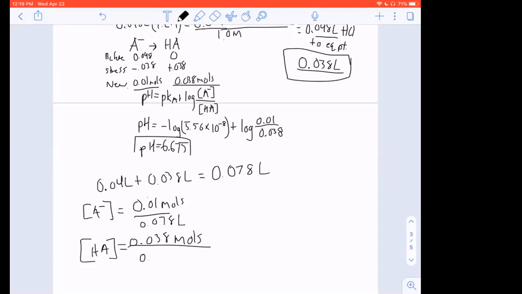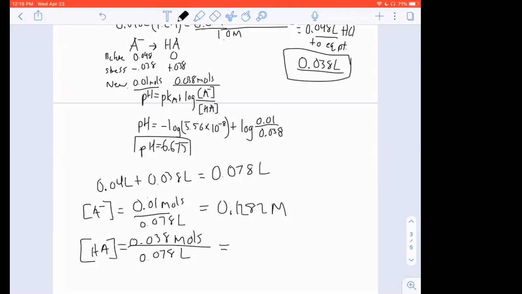Over 0.078 liters once again. So I do need to plug this in my calculator really quick. This gives you a concentration of A minus of 0.1282 molar.